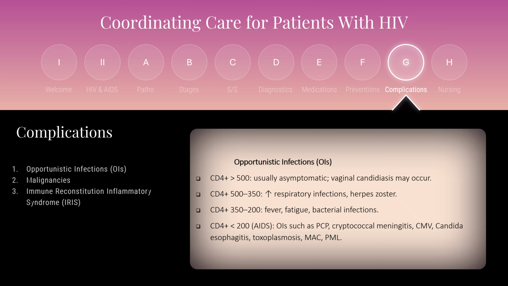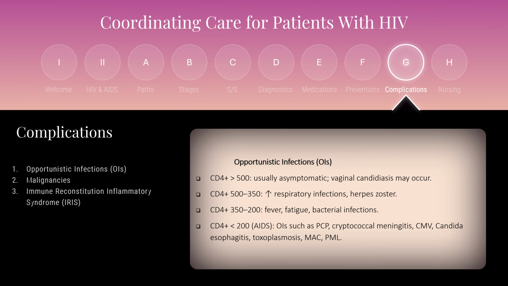Third, it's the immune reconstitution inflammatory syndrome, IRIS, which occurs after ART initiation. It's an inflammatory reaction to latent opportunistic infections like TB and PCP, may be self-limited but severe or fatal outcome possible.